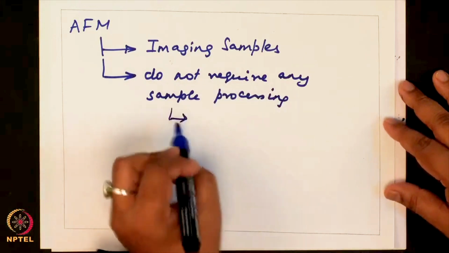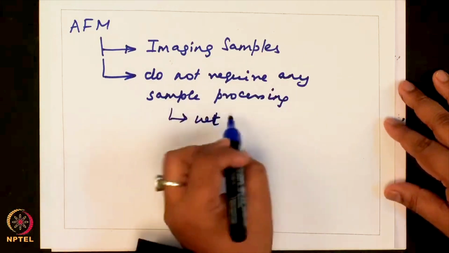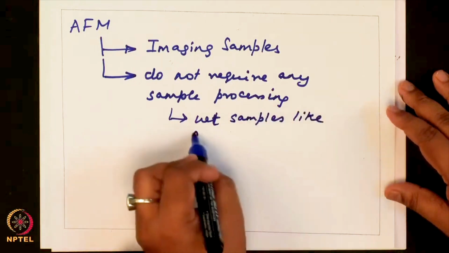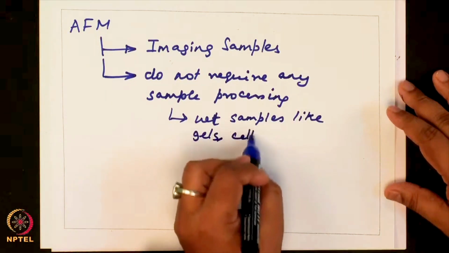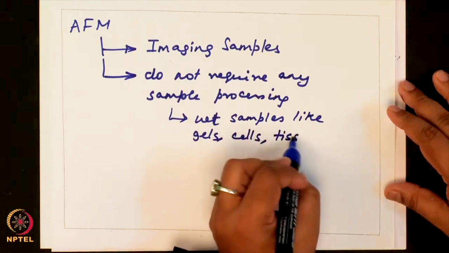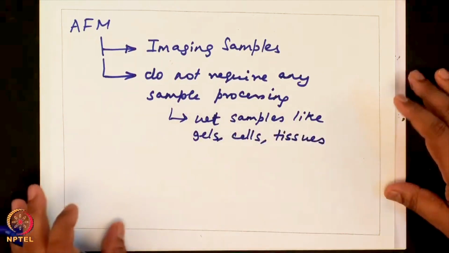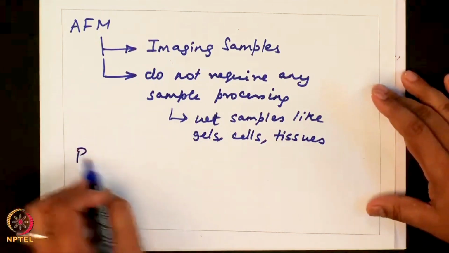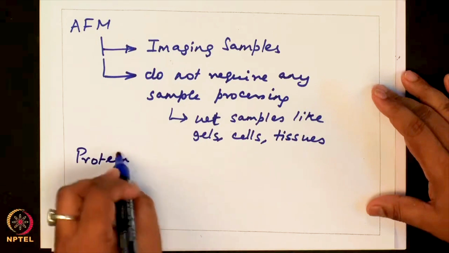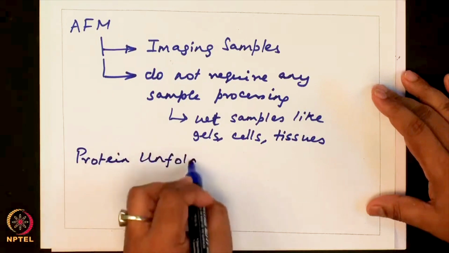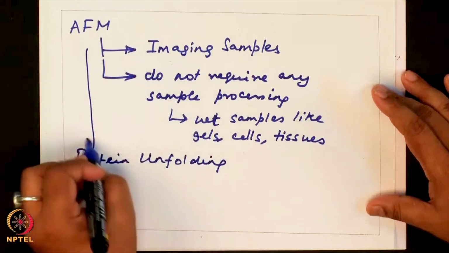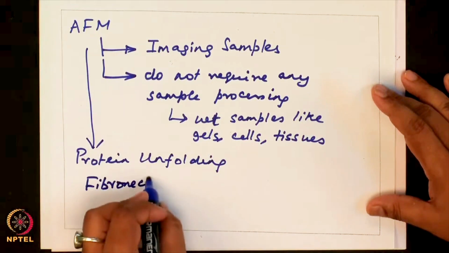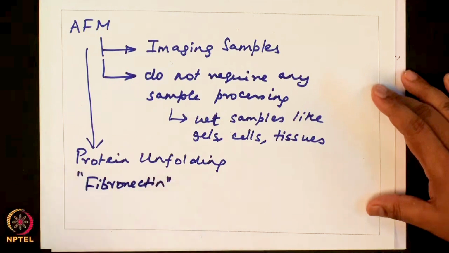So, you can deal with wet samples like gels, cells or even tissues. Okay. So, previously I had discussed the application of AFM for protein unfolding. Okay. I had discussed in great detail while discussing about fibronectin and the mechanical stability of its different domains.